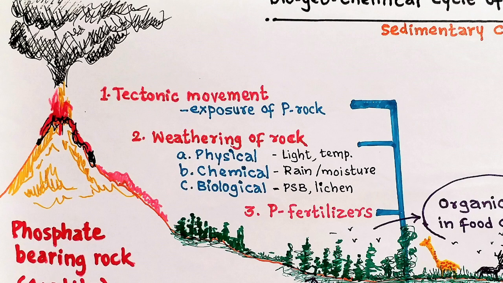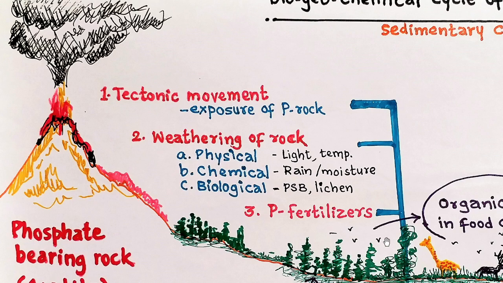Similarly, living organisms like phosphate-solubilizing bacteria and lichens also act on phosphate-bearing rocks and bring the phosphate to the ecosystem through their enzymatic activities. So by these three means, physical, chemical and biological weathering, the phosphate is added to the ecosystem.